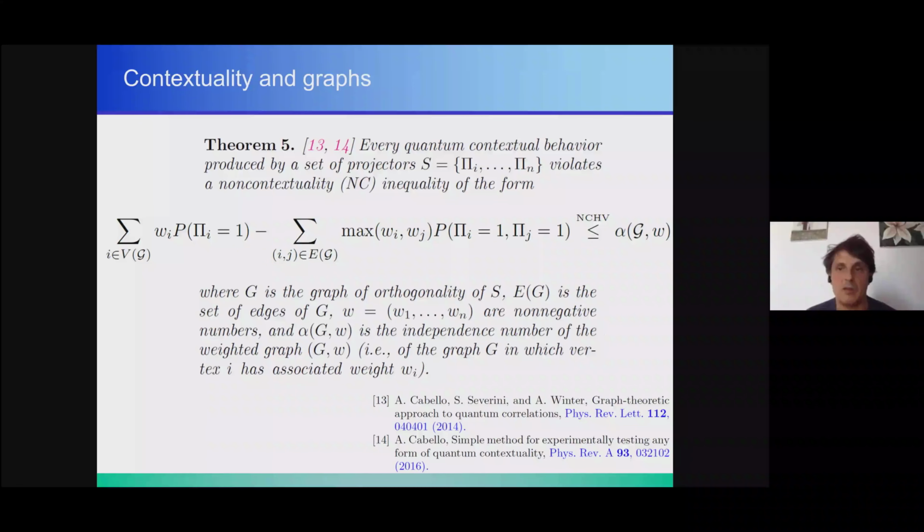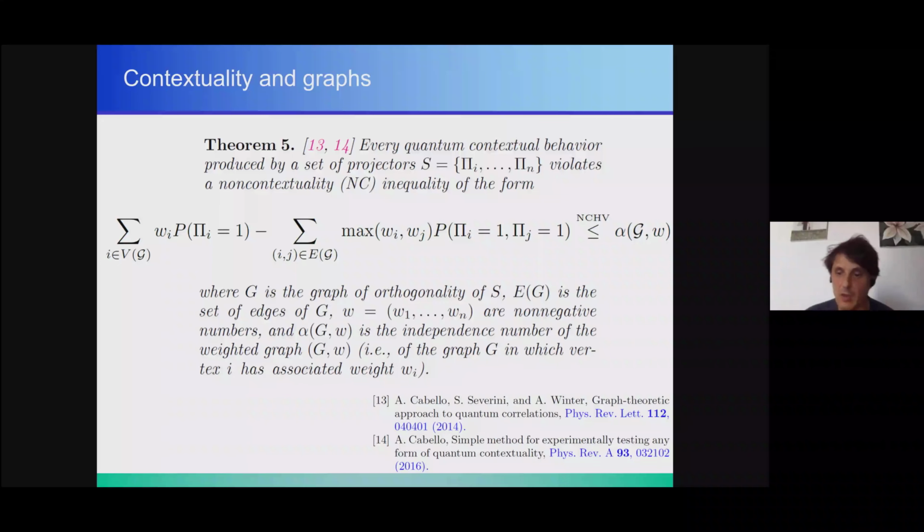The first result says basically that every quantum contextual behavior produced by a set of projectors, namely sharp measurements, violates a non-contextuality inequality of this particular form, in which we can link the bound to a graph, which is precisely the graph of orthogonality of the set of projectors.